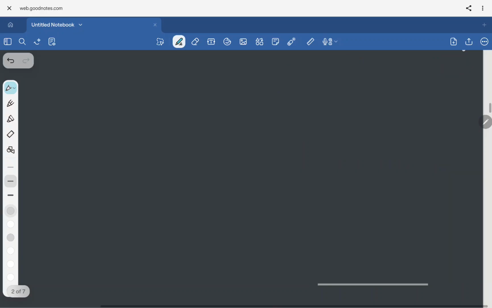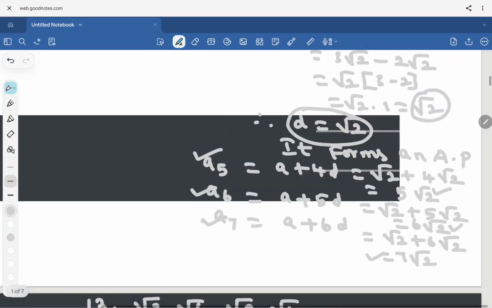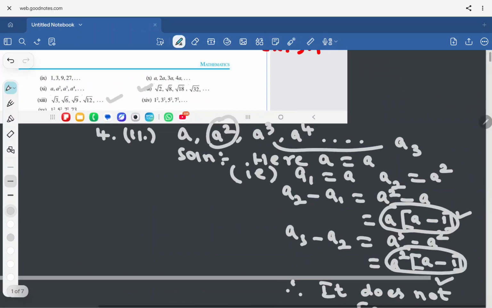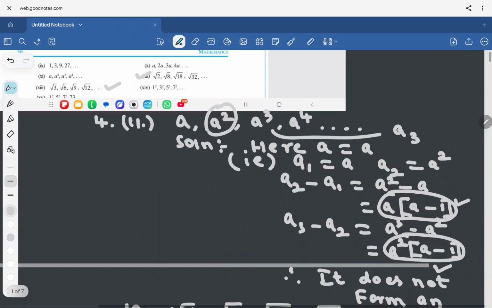Now the 14th subdivision, it is given as 1 square, 3 square, 5 square, 7 square.